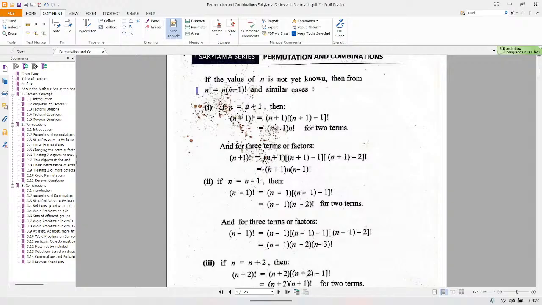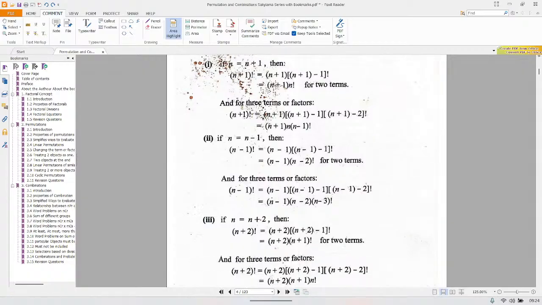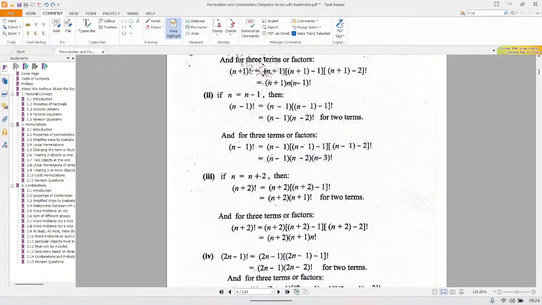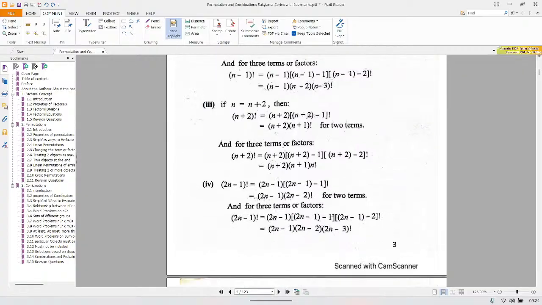So if you don't know the value of n, you can keep on forming it until it ends. And if n is replaced by n minus 1, it becomes (n minus 1) times (n minus 2) factorial. So the whole idea is that the more you are going down, just subtract 1. So that's what they are saying over here. Just keep on subtracting 1.